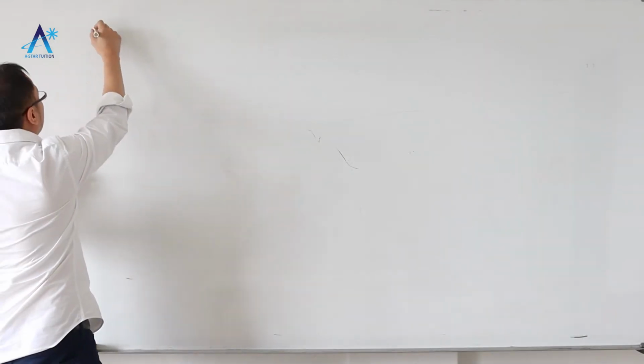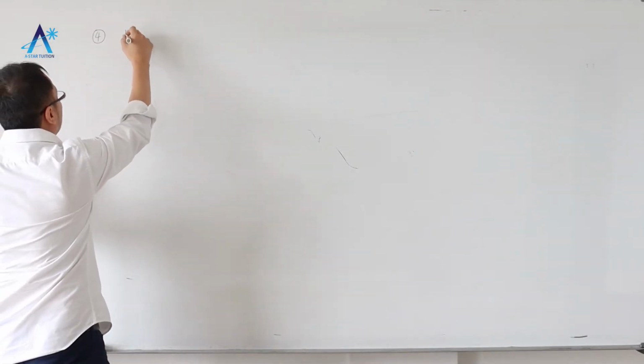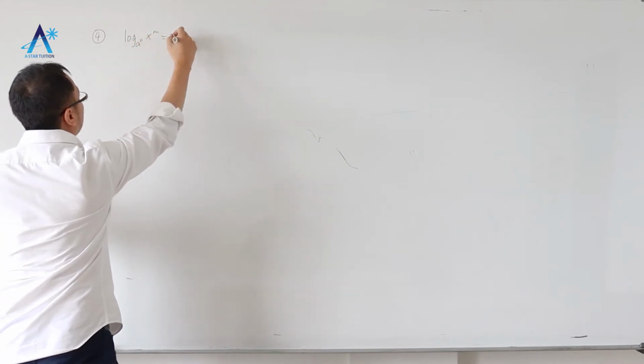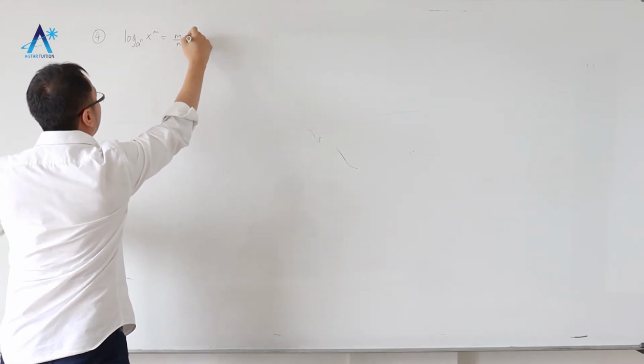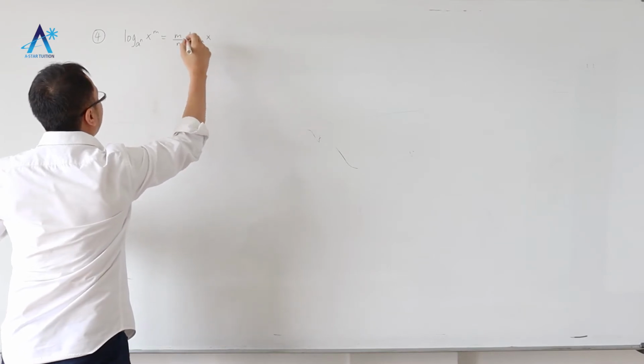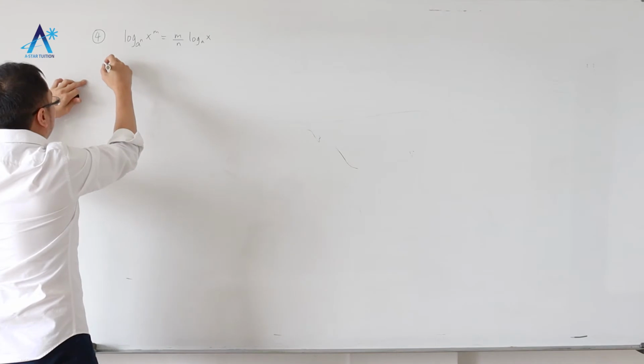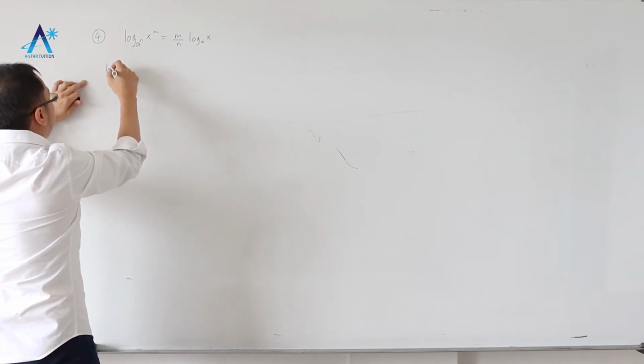Alright, rule number 4. Log base a to the power n of x to the power m could be written as m over n times log base a of x. To verify this, we need to prove these two equations separately.